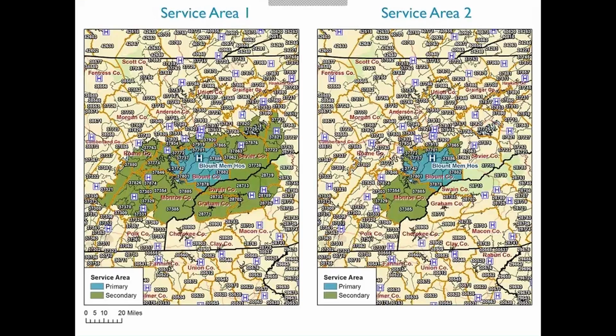I really recommend using 3 pieces of information when creating a service area. Look not only at your patient origin, where you get your patients from, but also at your market share of that zip code and the geographic location of that zip code, which is a map.